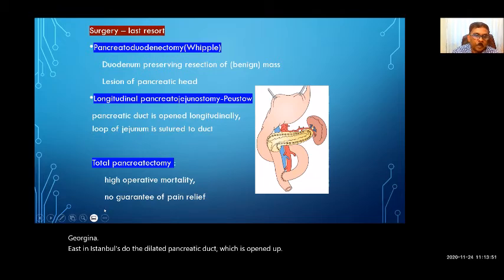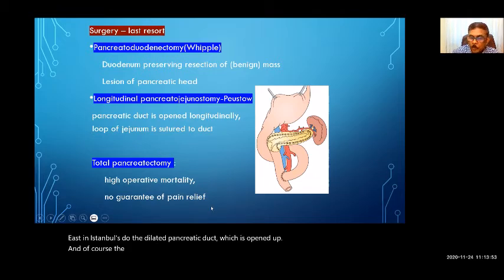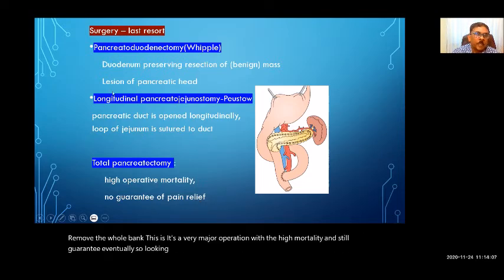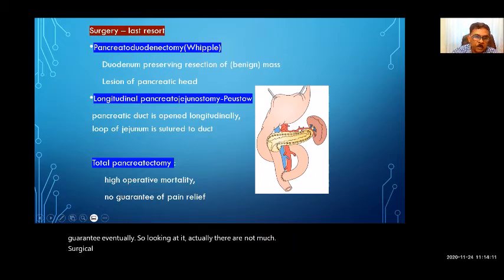And of course, the last is the total pancreatectomy, which removes the whole pancreas. This is a very major operation with a high mortality and there's no guarantee of pain relief. So looking at it, there are not many surgical procedures that are really superior and lower risk than endoscopic procedures.